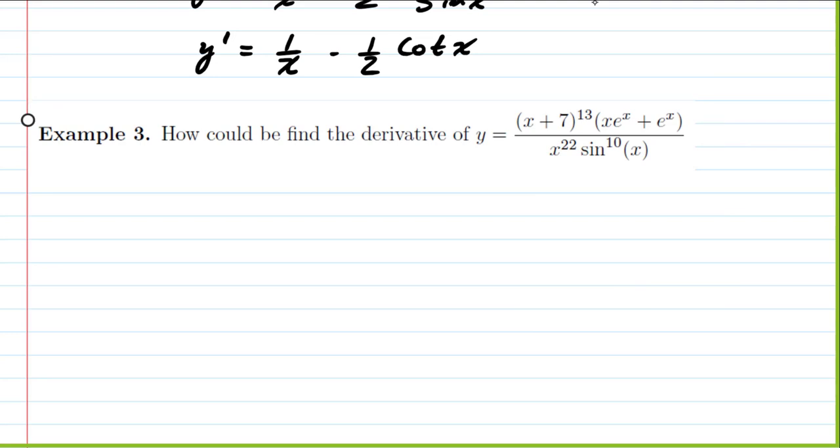And we're like, dang, well, this has got a lot of products, quotients, and compositions going on, but I don't have any logarithms, right? So we are going to use a technique referred to as logarithmic differentiation.